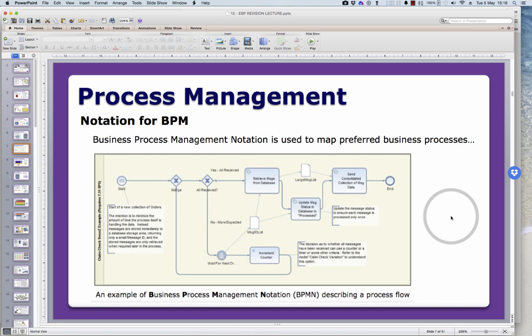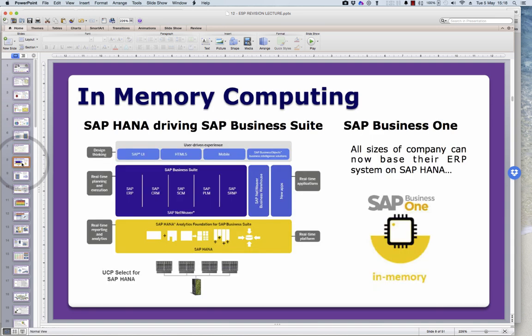IBM have their own systems for drag and drop creation of business process maps using this kind of notation. So business process management notations are a key element of showing how a process goes together, and so that's important to think about. We looked at in-memory computing.